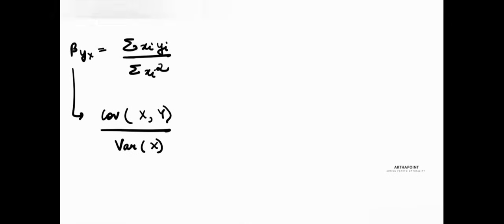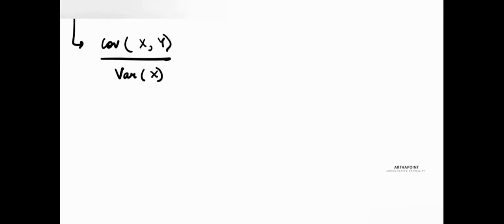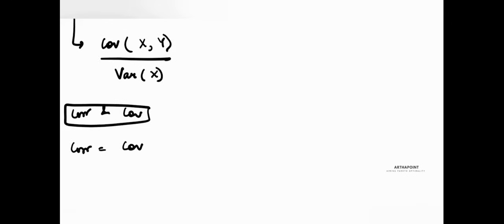But if I have to represent things in terms of correlation, because here they have given me correlation as rho, then the relationship between correlation and covariance is that correlation is covariance upon standard deviation of x into standard deviation of y. So rho is equal to covariance of xy upon standard deviation of x, standard deviation of y.